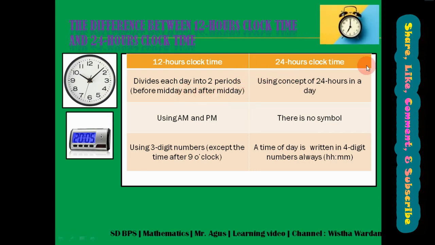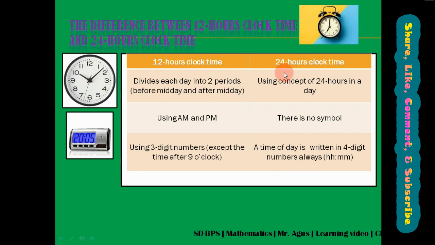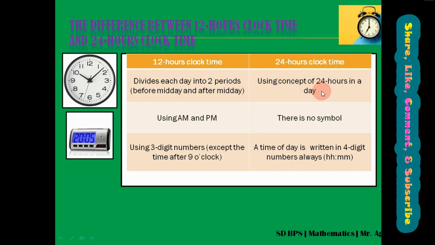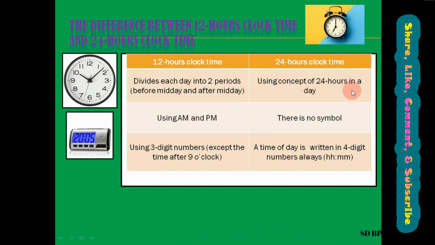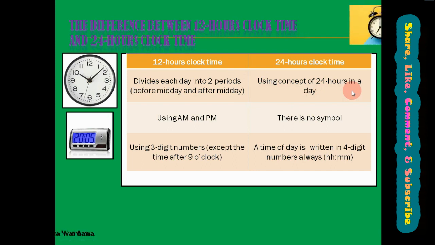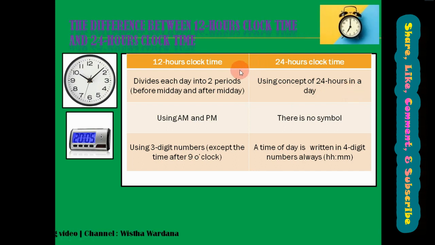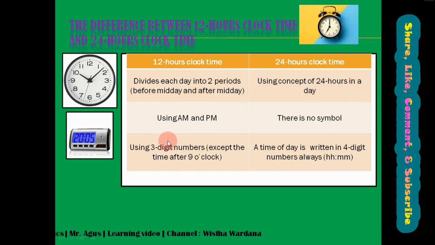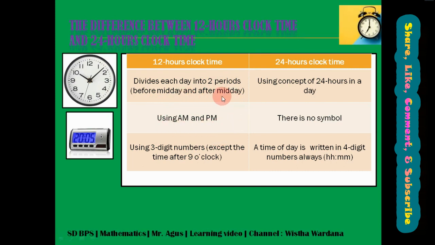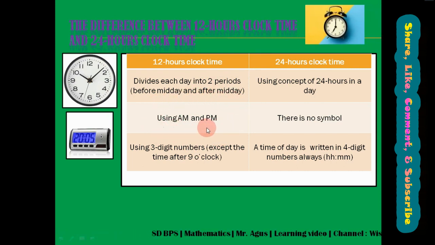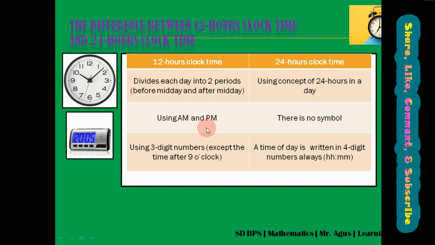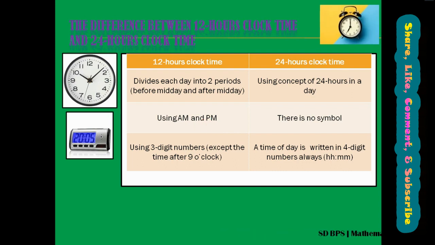And in 24-hour clock time, we use the concept of 24 hours in a day. And the second one, in 12-hour clock time, we use AM and PM, ante meridiem and post meridiem.